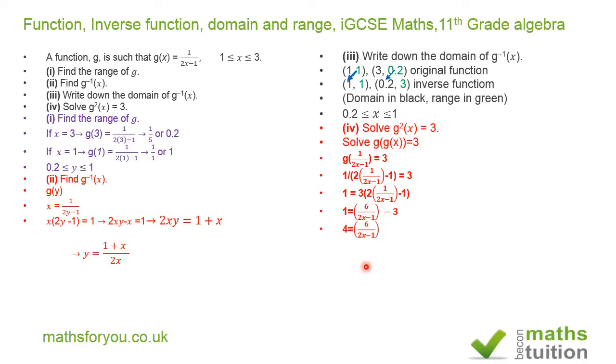If we then add 3 to both sides, we end up with 4 is equal to 6 divided by 2x minus 1. If we then multiply both sides by 2x minus 1, we end up with 4 into 2x minus 1, which is equal to 6. We expand the bracket, we end up with 8x minus 4 is equal to 6.